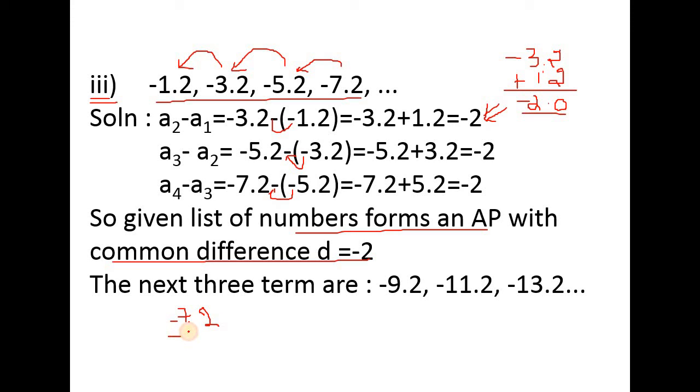Minus 7 minus 2 is minus 9. So this is minus 9 by 2. Again you add the common difference, you will get minus 11 by 2. Again you add, you will get minus 13 by 2. So minus 9 by 2, minus 11 by 2 and minus 13 by 2 are the next three terms of this arithmetic progression.